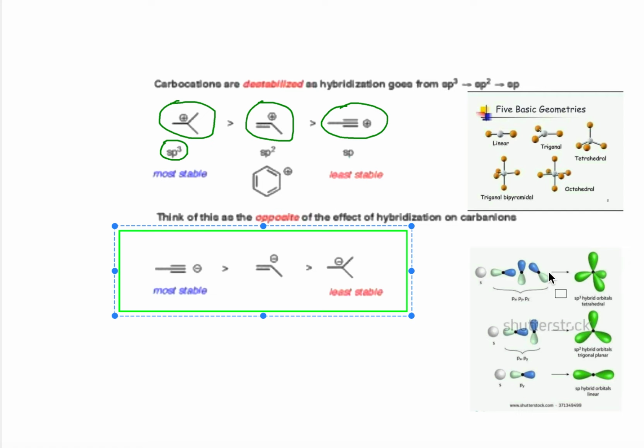We have four orbitals here, one s and three p, which combine together to produce four sp3 hybridized orbitals like this. Similarly, for sp2, we will have two p orbitals with s that will produce a planar, trigonal structure. Then for sp, we will have a linear structure. Now, come to the next slide.